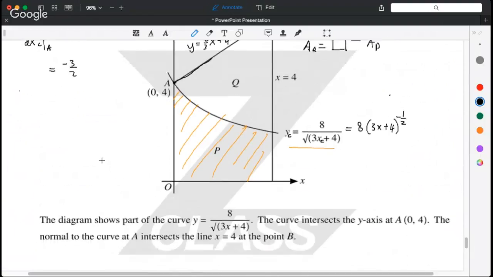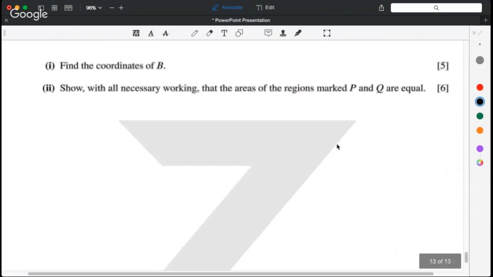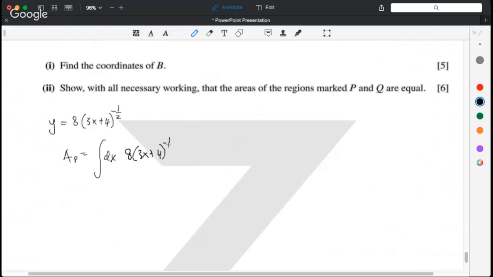So let's take this guy down here. So the area of P is the integral from, I've forgotten the limits, dx, of 8 times 3x plus 4 to the -1/2.